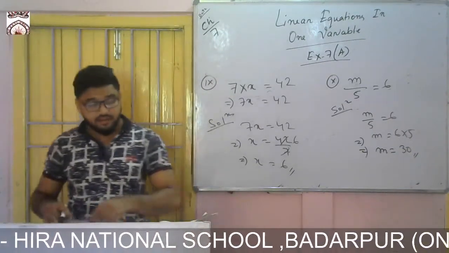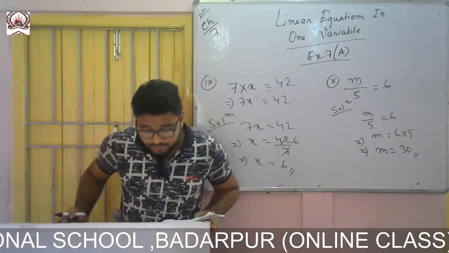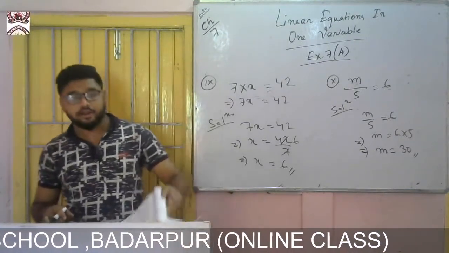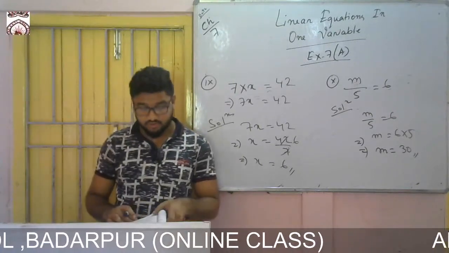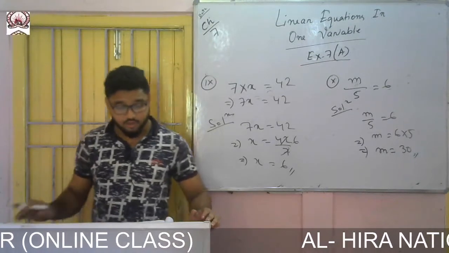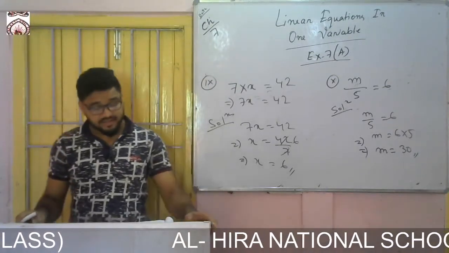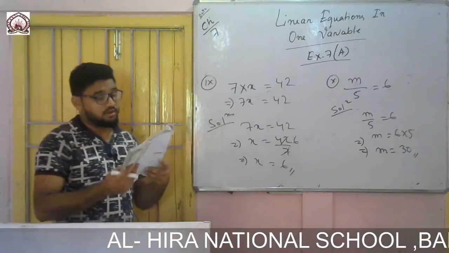Now come to question number 4. Solve the following equation. You see the first question: 5x plus 2 equals thrice x plus 12.